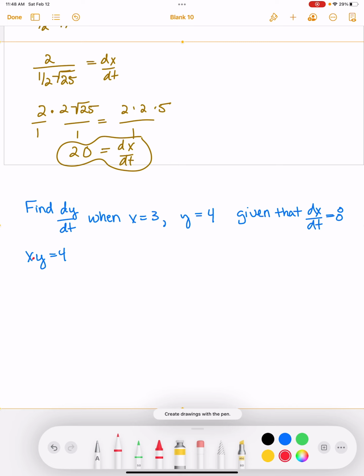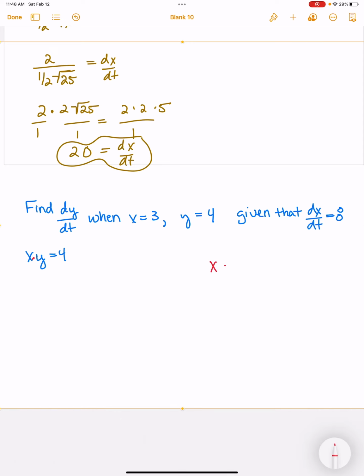So we have to use the product rule of differentiating, which, as an aside, if we were just using the product rule, we would do the derivative of the first, with this being the first and this the second part of our product.